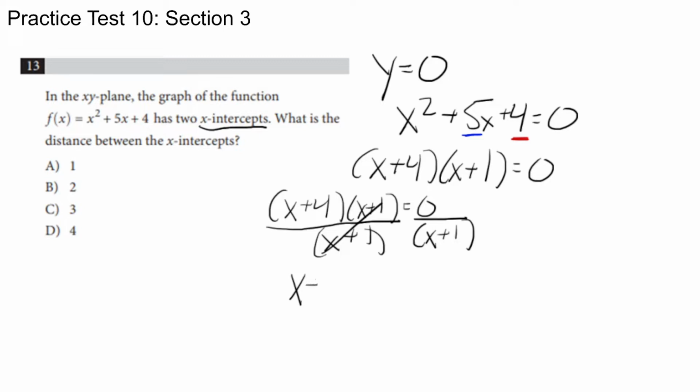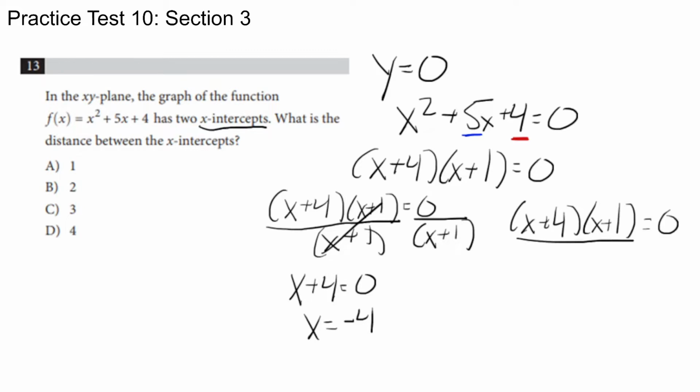So I get x plus 4 is equal to 0, and my x value is negative 4. I'm going to set up the same thing. So I have (x plus 4) times (x plus 1) is equal to 0, only this time I'm dividing both sides by x plus 4.